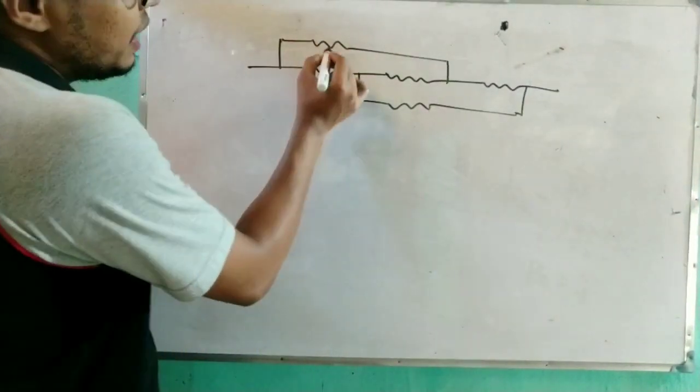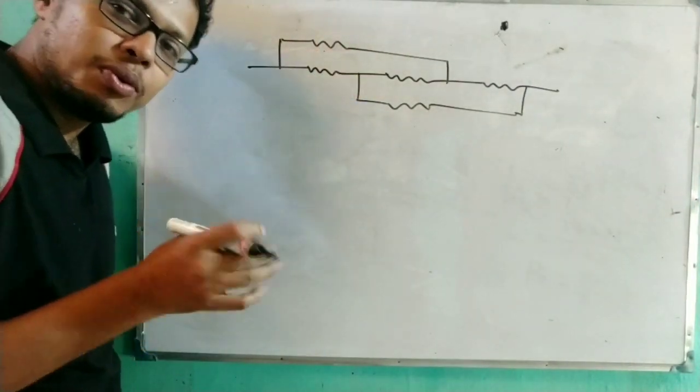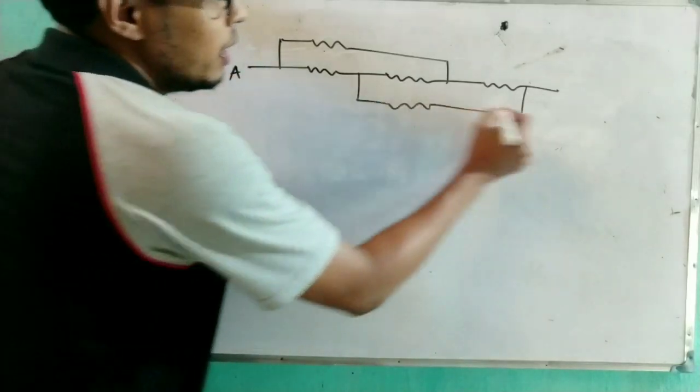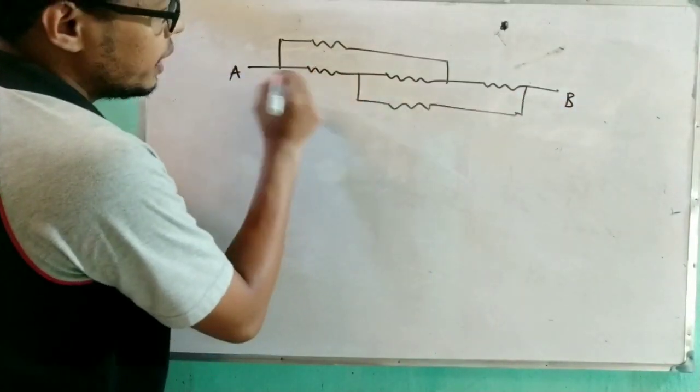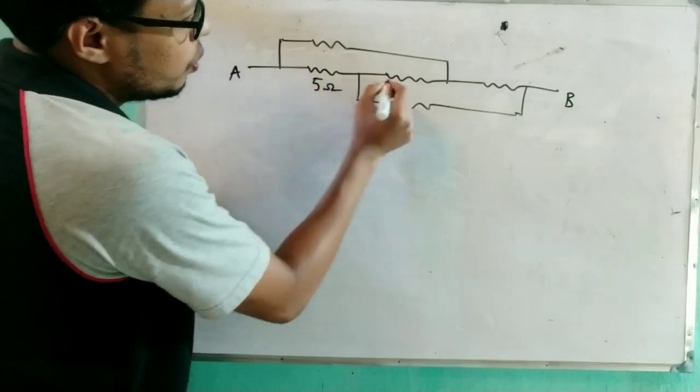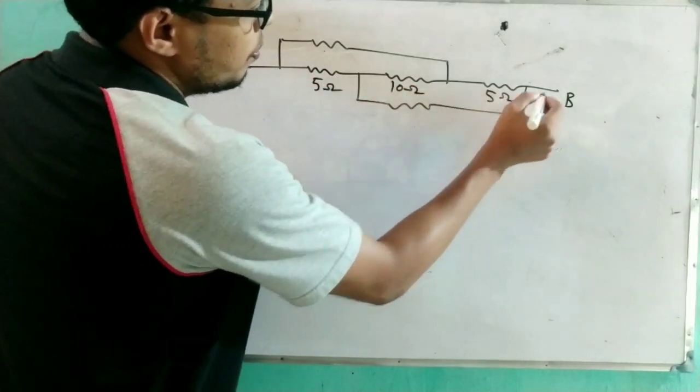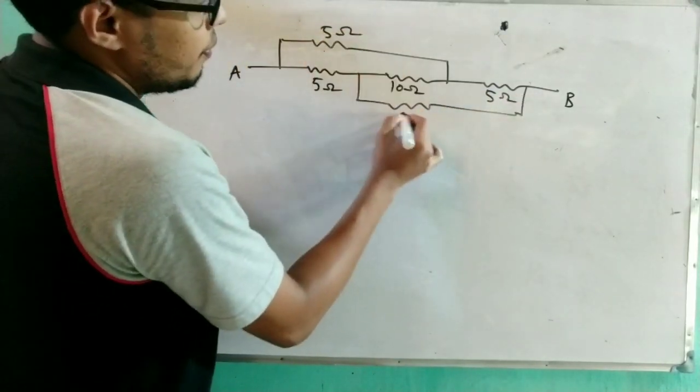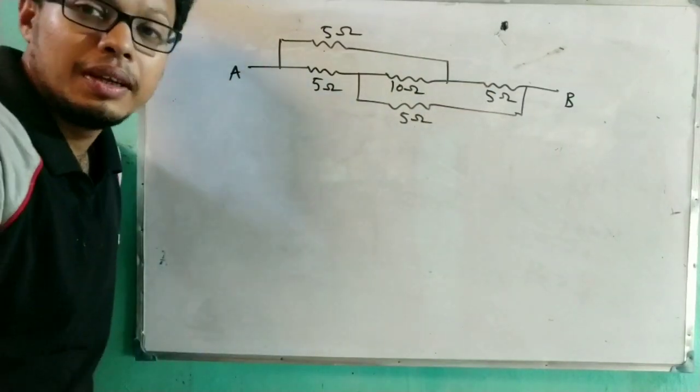See, if I keep a resistance over here, then what will be the equivalent resistance in between A and B? The values of the resistors were 5 ohm, 10 ohm, 5 ohm. Suppose here it is also 5 and 5. Okay. How to calculate?